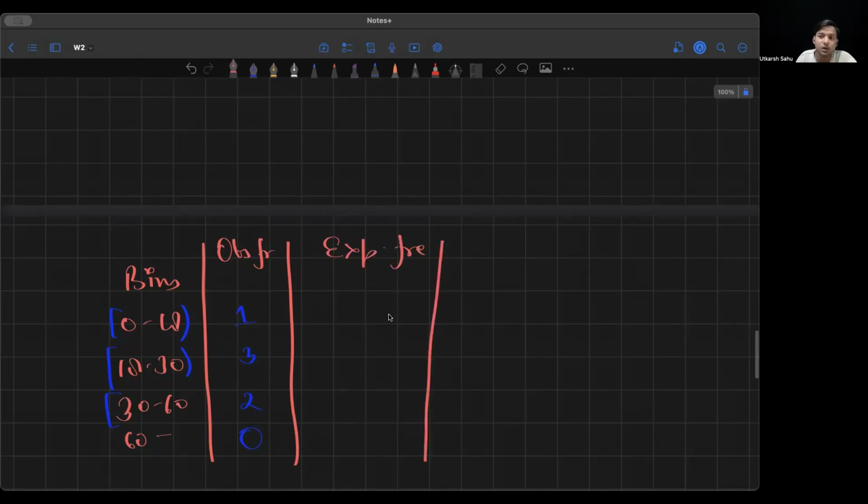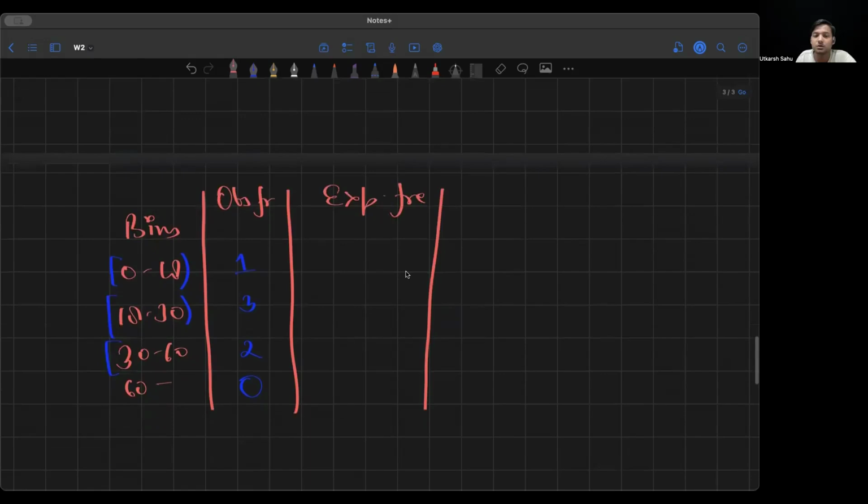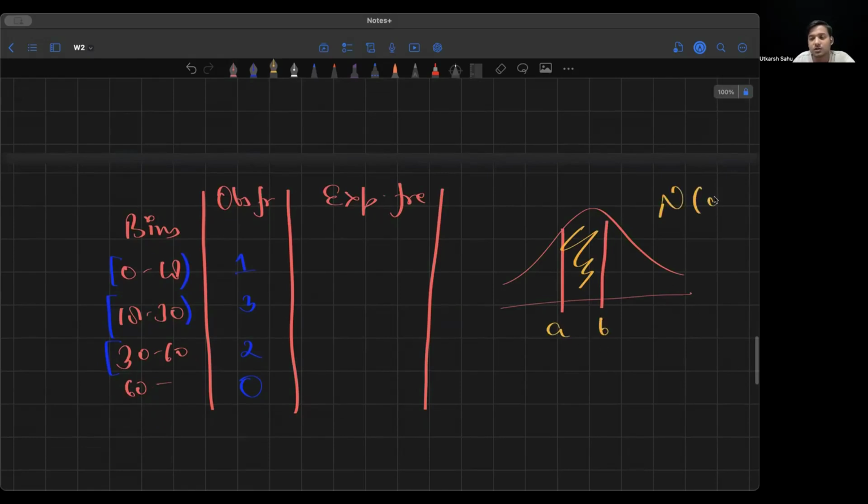So how do we calculate this expected frequency? Probably your graded assignment 1 is also based on this. So I hope you remember some basic concepts of your stats 2. We will be using area under the curve. Let's say this is my normal distribution. I want to find the area of my yellow region. Let's say this is A and this is B, assuming this is the standard normal distribution 0, 1. How do I find this?